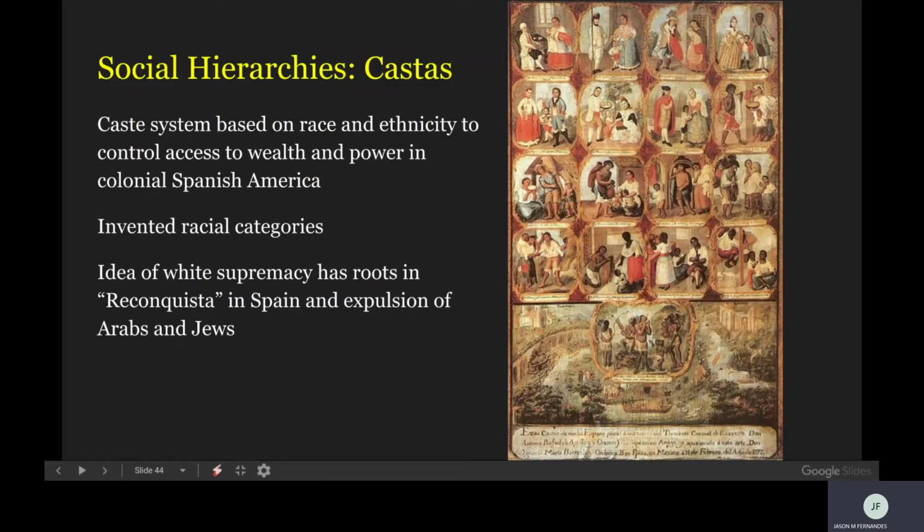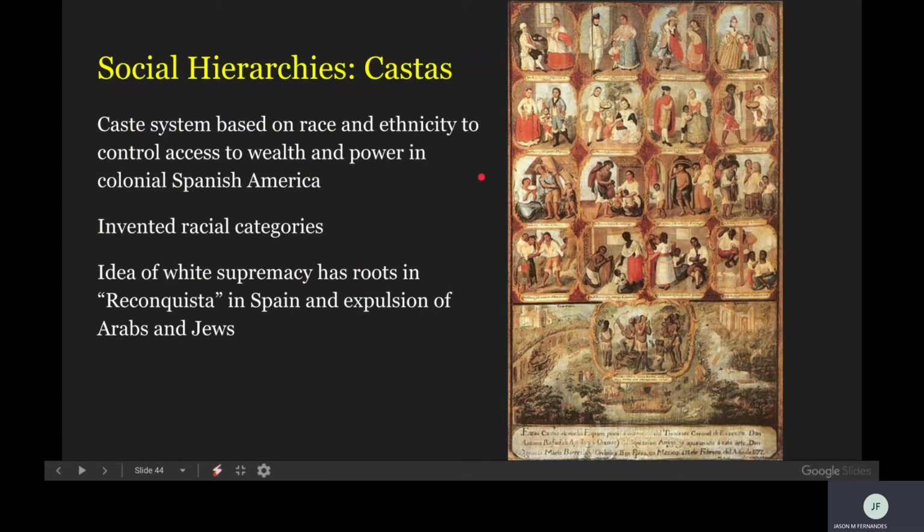This is kind of where that idea of European or white supremacy is going to start to arise from in the Americas, right? These categories that they're going to try to establish, right? Pure blood Spanish, they're going to put themselves at the top, right? The Peninsulares, right? And then everybody else will be below them, right? All these different mixed groups of people.